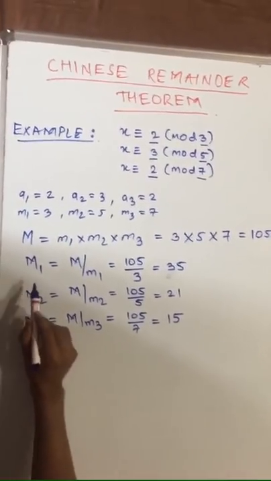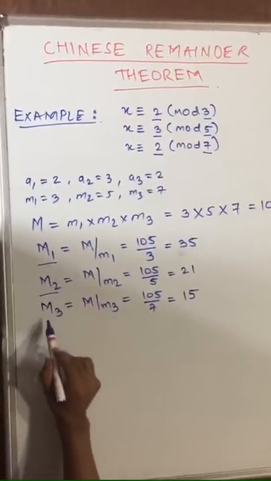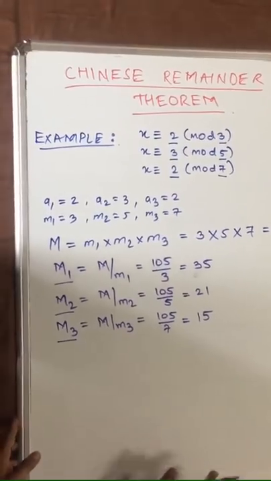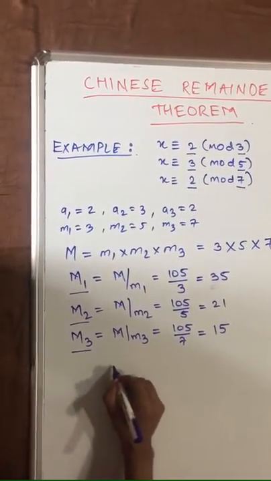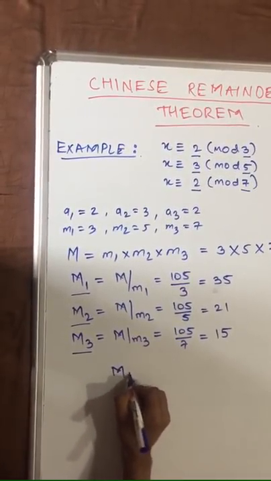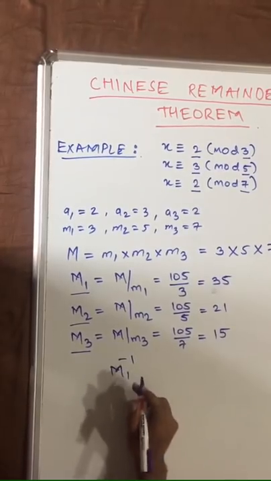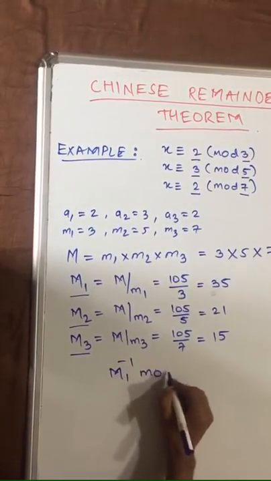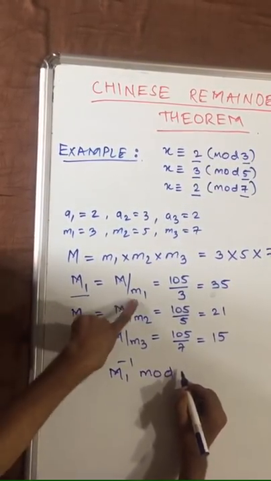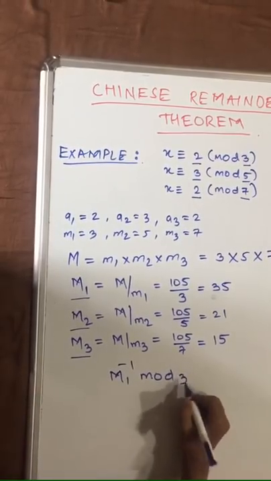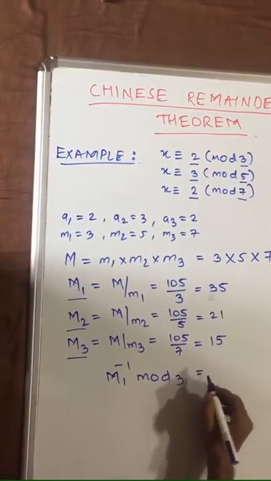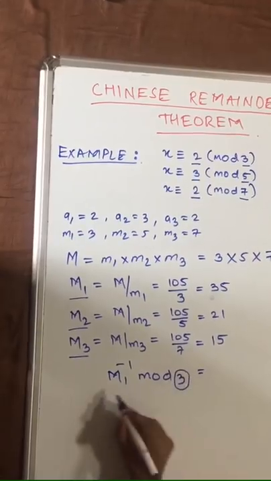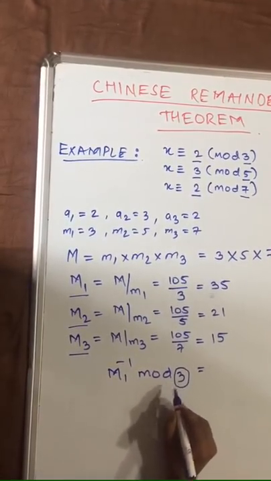Now as you can see, you have got all the capital M values. Now you have to find the inverse of all these numbers. M1 inverse mod small m1, which is 3. As you can see, this is a prime number, so we will apply the Fermat theorem here.